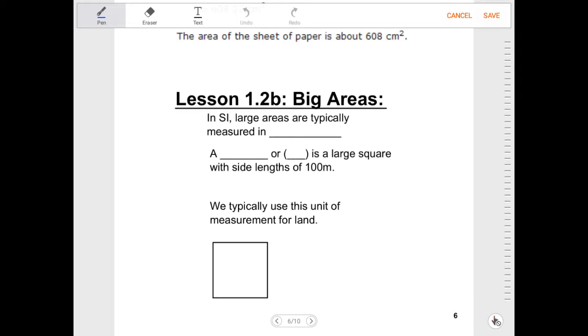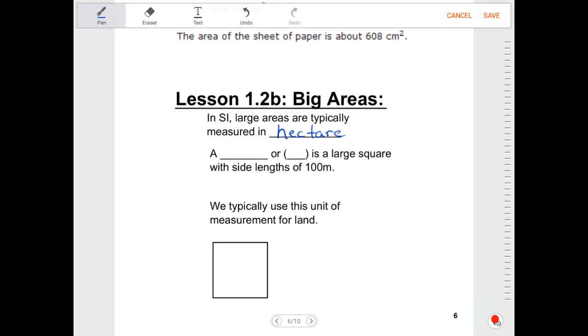In the past, one video behind here, we were dealing with centimeters and meters, but now we're on to much bigger areas. When you're dealing with larger areas, the typical SI measurement is in hectares. Of course, you may be very familiar with this term already.